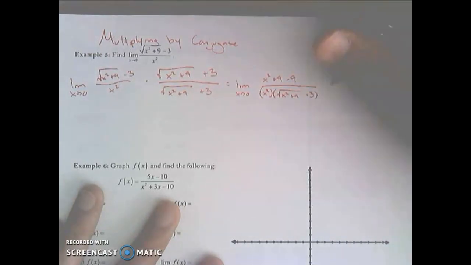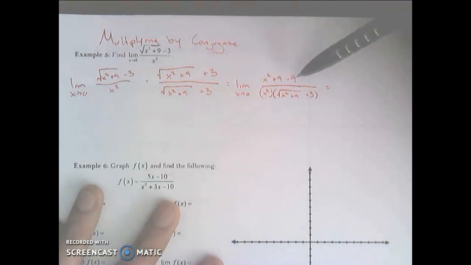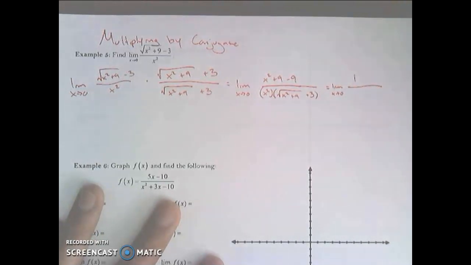Okay? In the numerator, the plus 9 and minus 9 cancel out. And then we've also got an x squared and an x squared. So all that's left, again, limit as x approaches 0, is 1 on the top, and then we've got the square root of x squared plus 9 plus 3.